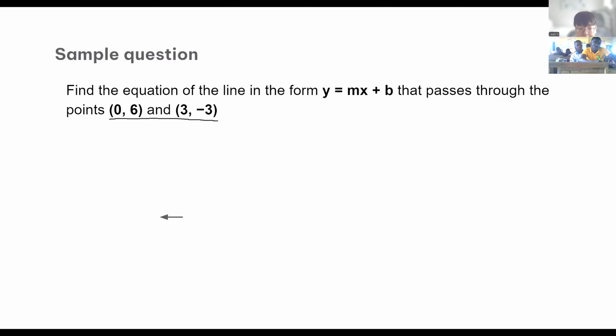Change of y is always the second point's y value minus the first point's y value. So -3 minus 6, which is -9. And the slope is -9 over 3, which is -3.